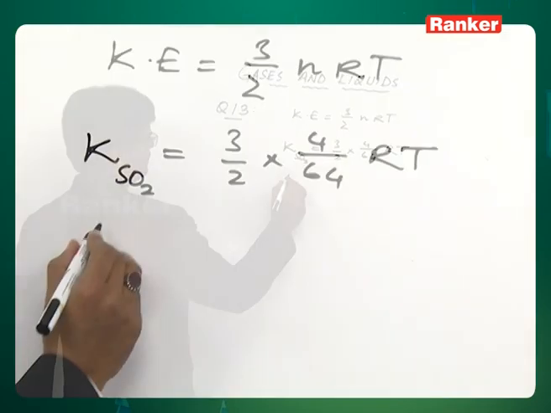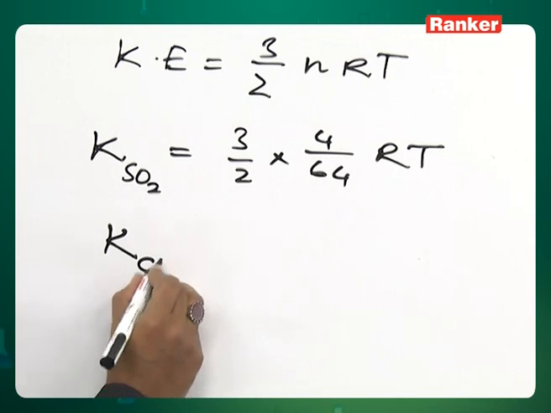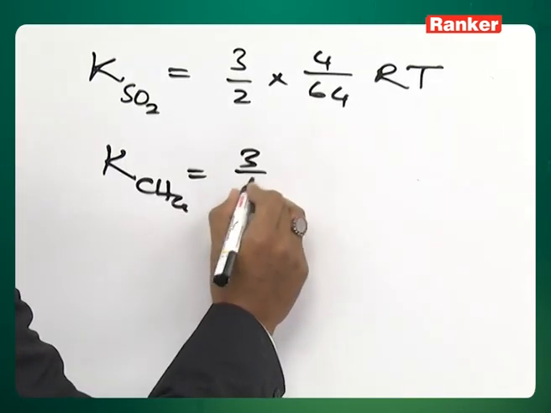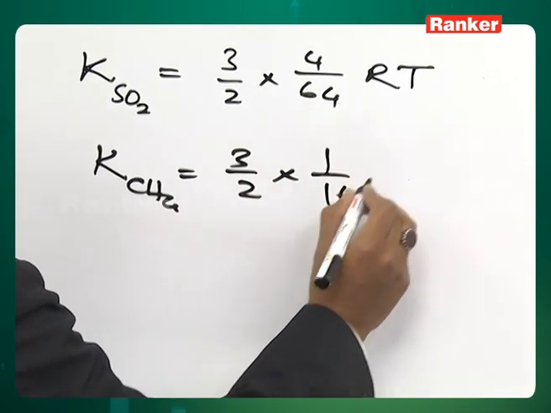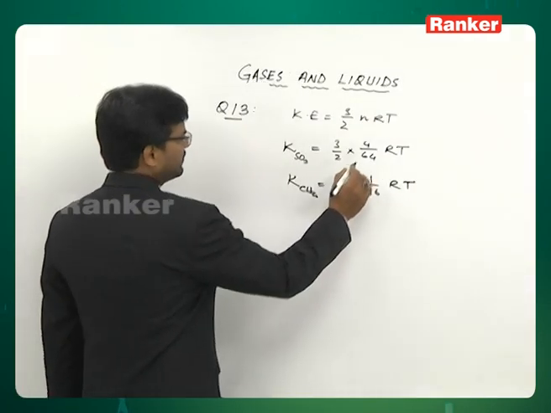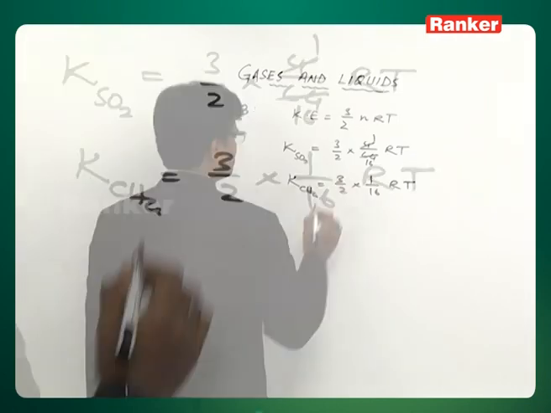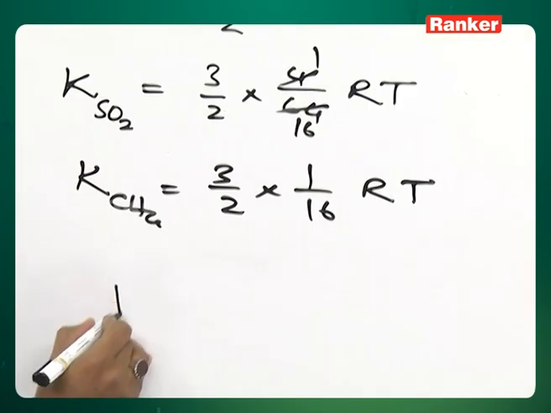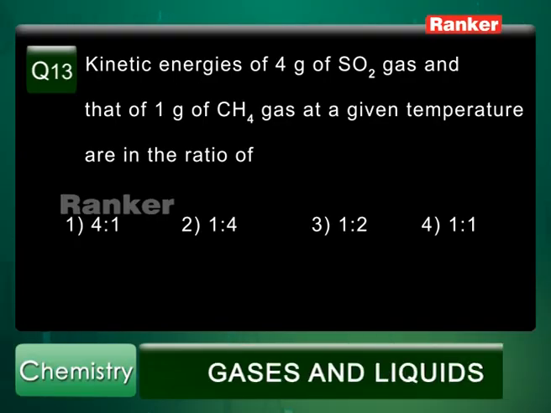And then KE of methane is 3 by 2 into 1 by 16 into RT. If you cancel this off, 4 1s are 4, 4 16s are 64. So you can see they are in 1:1. So the correct answer is the fourth option, they are in 1:1 ratio.